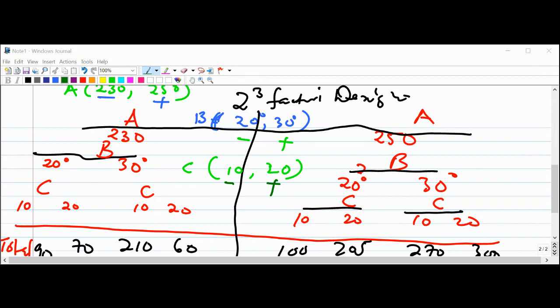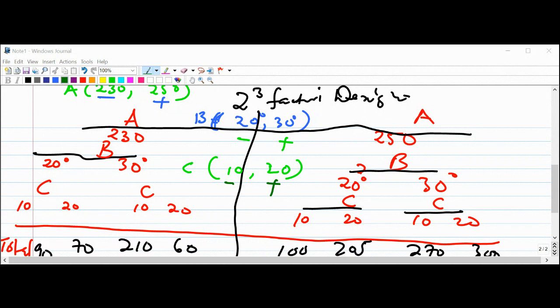So now let me go to the Yates algorithm and how it works. I'll just give you a summary on how to apply the Yates algorithm. Rule number one, the treatment combinations should be in order.